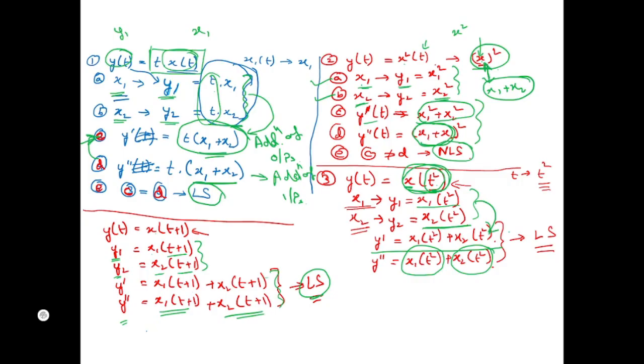Here we are having the square on the independent variable, not on the dependent variable. Am I clear? So since y dash equals y double dash, we have this as a linear system.